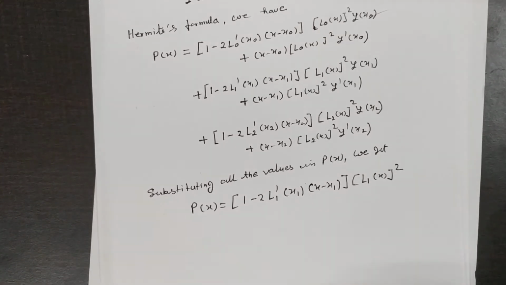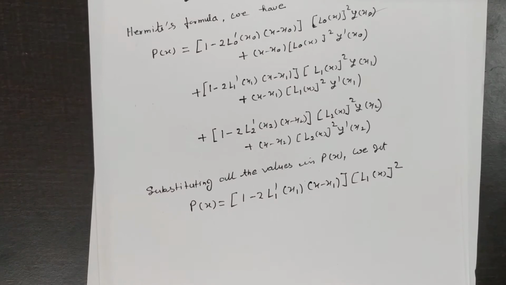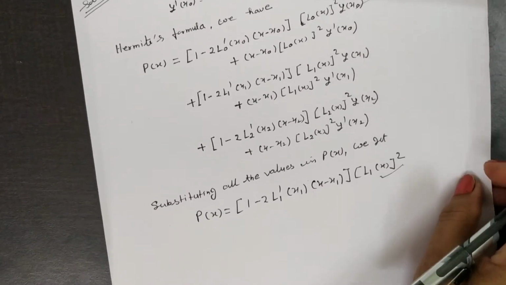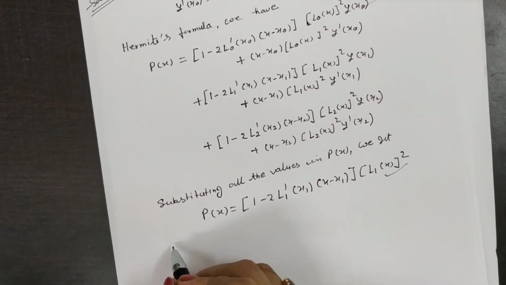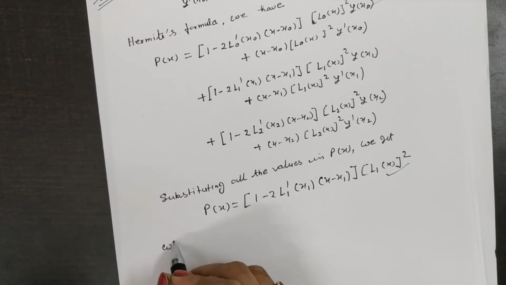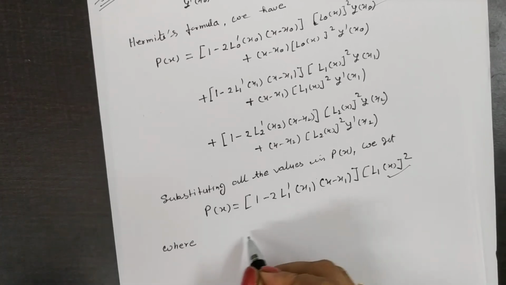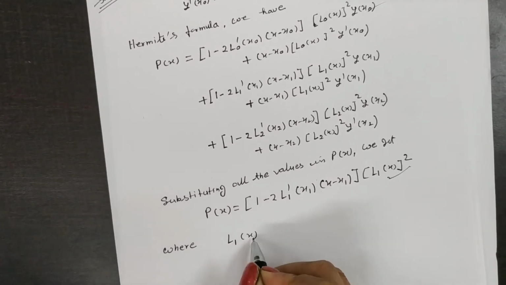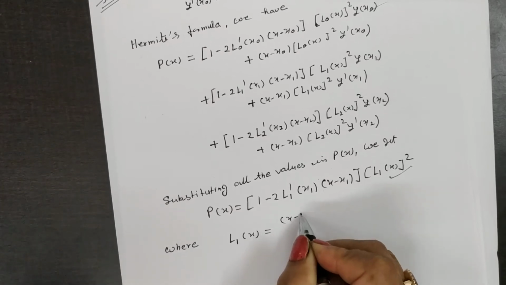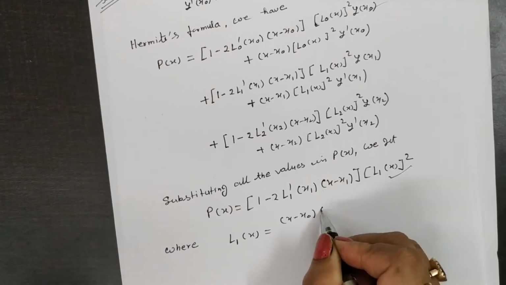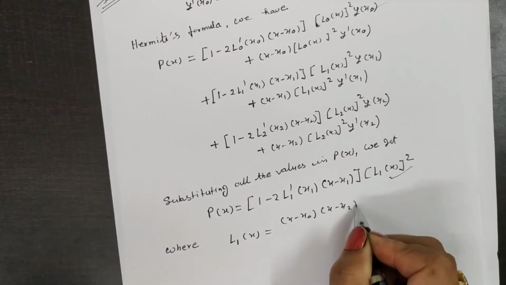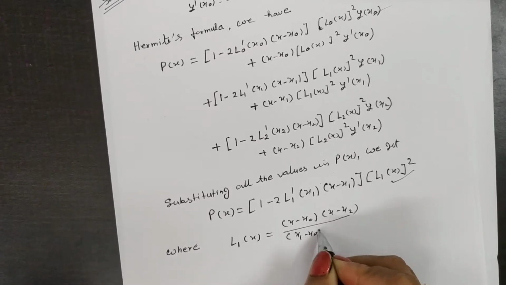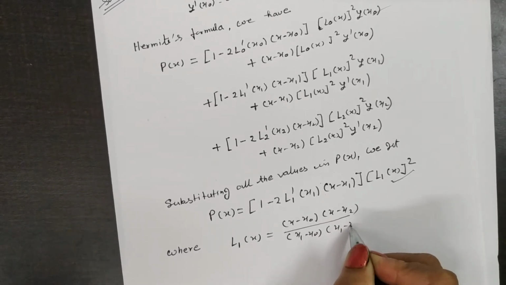Now we have to find the Lagrange interpolation, which you learned last time. Here L1(x), only for 1, is equal to (x minus x0)(x minus x2) divided by (x1 minus x0)(x1 minus x2).